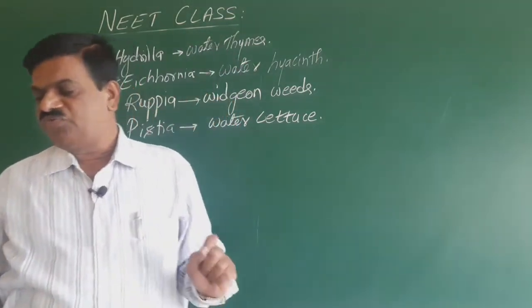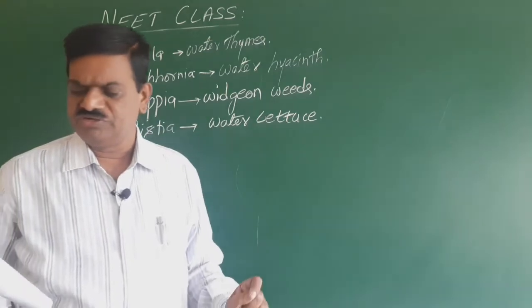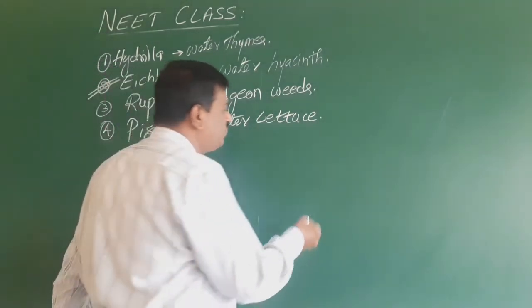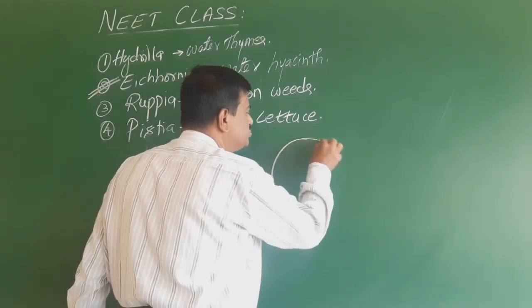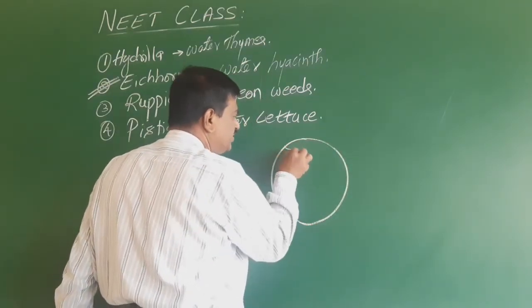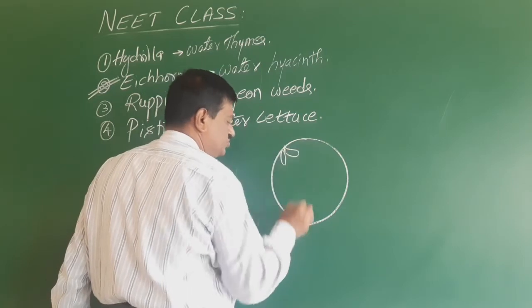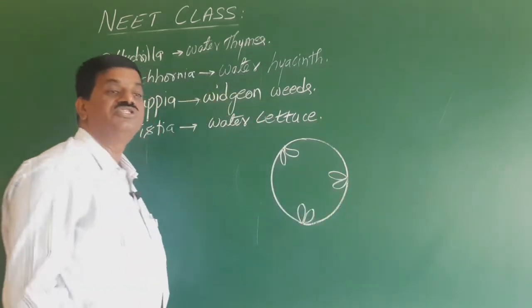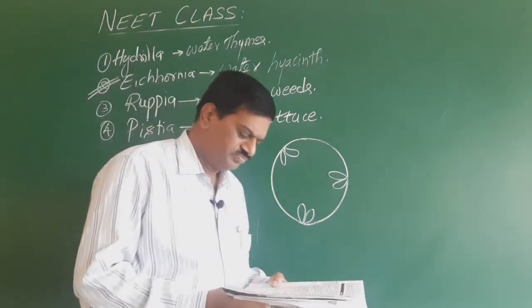The following figure represents. So, the figure given here is usually like this. Here, there is a presence of two ovules, and here, two more ovules, and here, two more ovules. This is the figure given here.